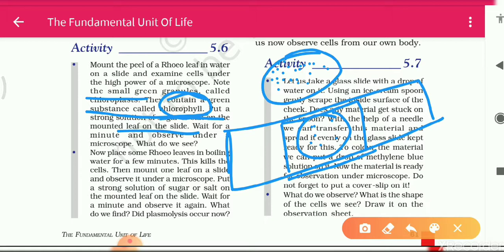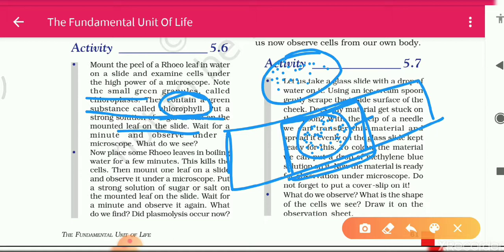Then what will we do here? Put a few drops of salt solution on this slide. First you will remove the cover slip, then put a few drops of salt solution on it, then cover the slide with the cover slip and wait for 5 to 10 minutes.